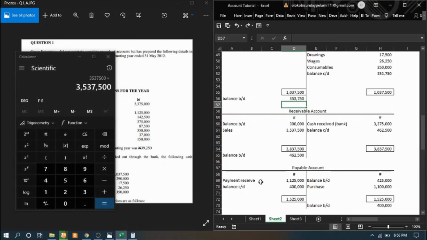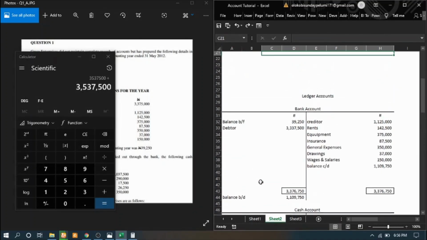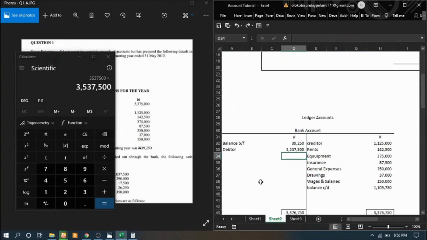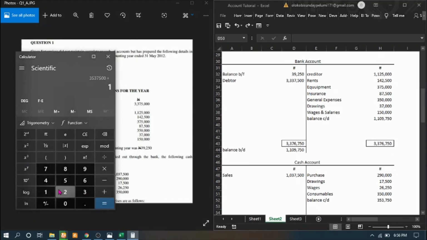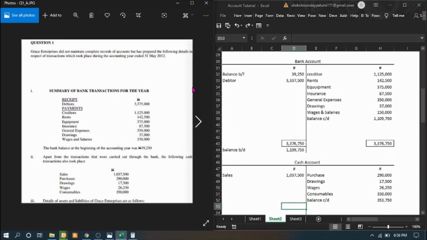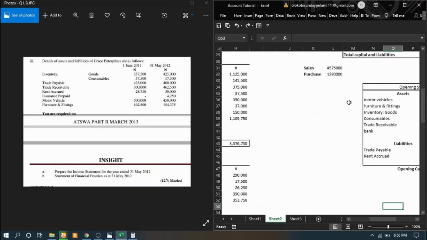So what is our cash sales? Our cash sales is 1,037,500. So we have this 4,575,000, and we have that.